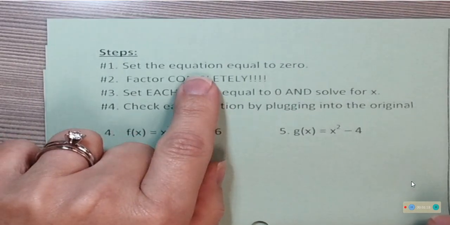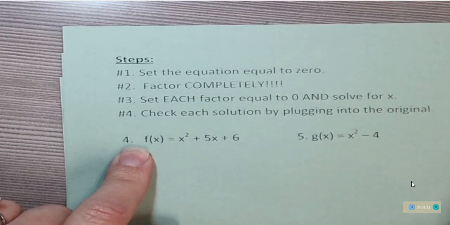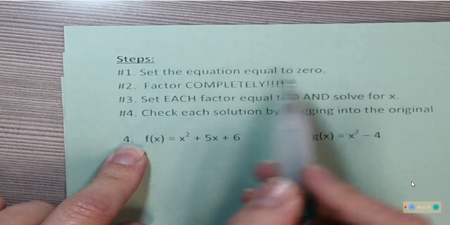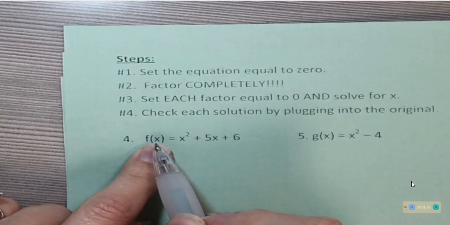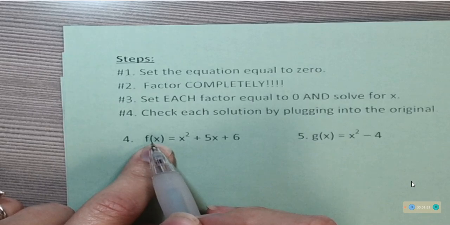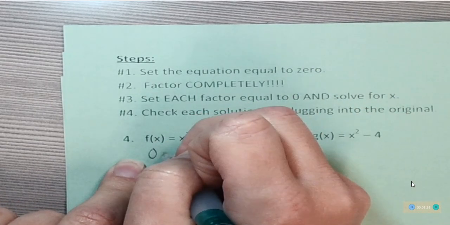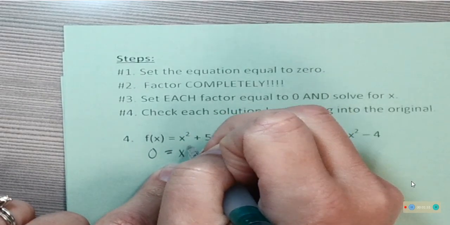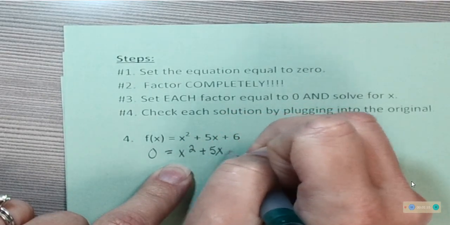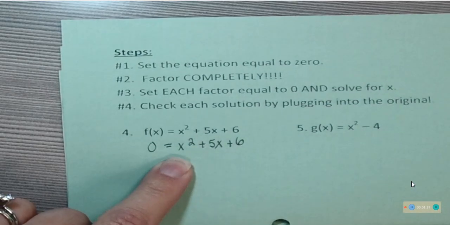So, I'm going to start with number 4 here. Set it equal to 0. Well, f of x is the name of the function, and I just want to figure out where it equals 0. 0 equals x squared plus 5x plus 6.